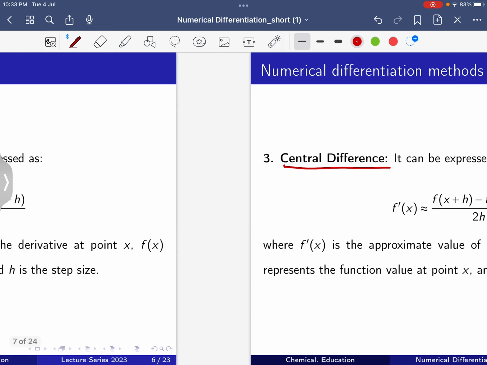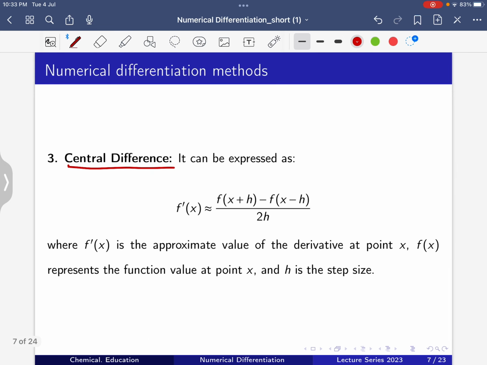For central difference, the formula is f'(x) equal to f(x plus h) minus f(x minus h), divided by 2h. If you take x equal to x0, that is the function value at x0 plus h minus the function value at x0 minus h, divided by 2h, where h is the step size.